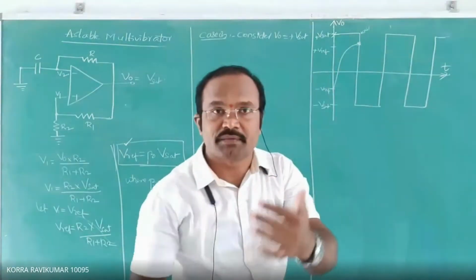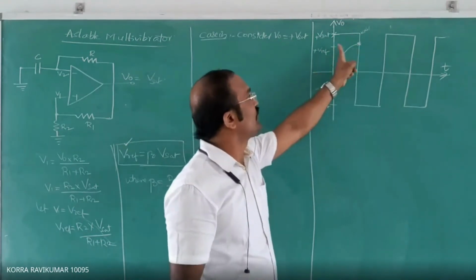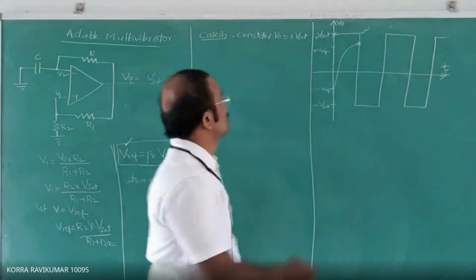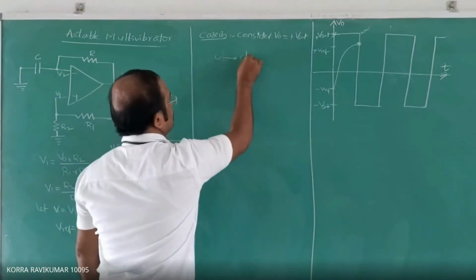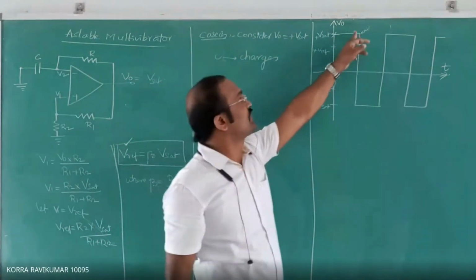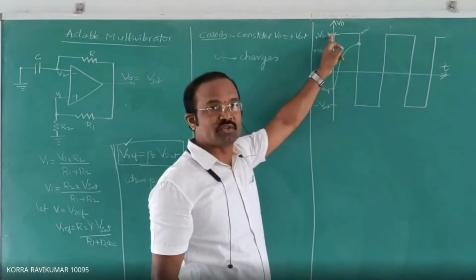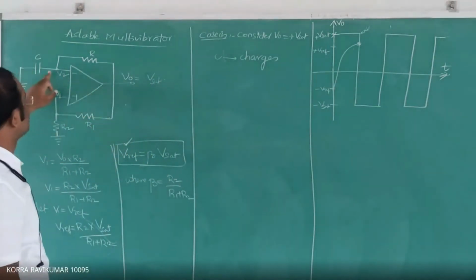What is the 90% of its maximum value? The 90% of its maximum value is equal to V reference. Here the maximum value is V saturation. This is the maximum value which is present at this point.